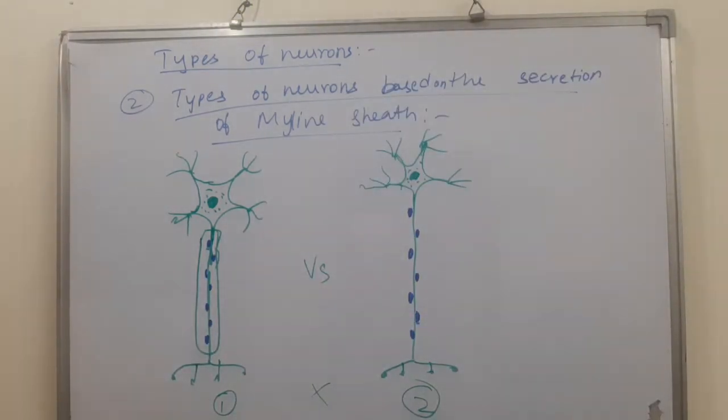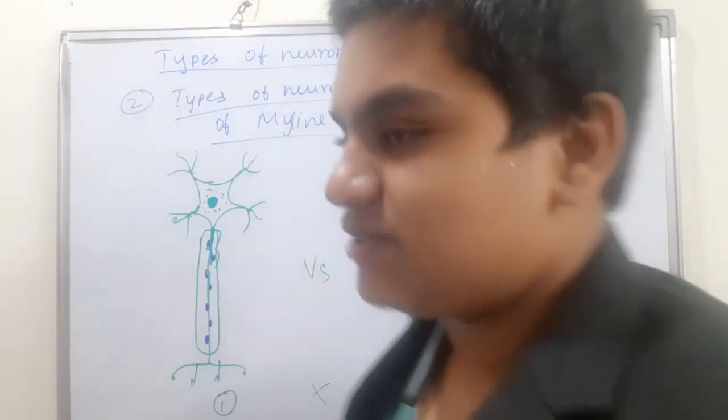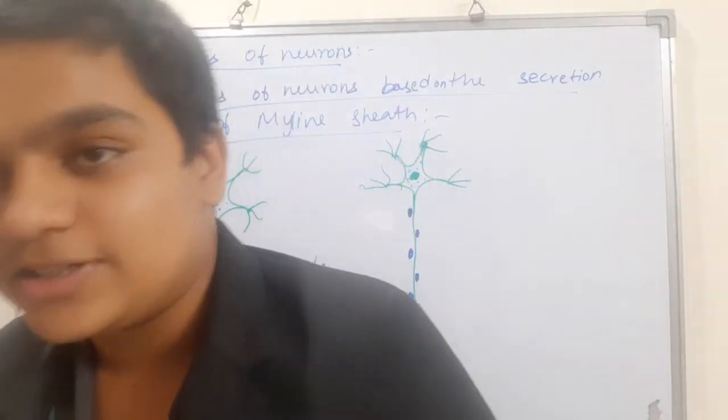Think over it, you can find out the difference very easily. Yes, if you have guessed correctly, the first contains the myelin sheath, but the second does not contain the myelin sheath. That's the difference between those two.